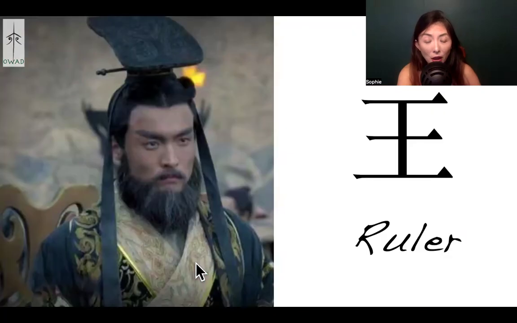So that's wáng. And I guess this is what I found when I searched for the representation of a ruler: Qin Shi Huang, the first emperor, not just Wang but emperor, who unified a whole big piece of land in China that may have had different dialects, different customs, different people who'd never heard about each other. It's way before mass communication.